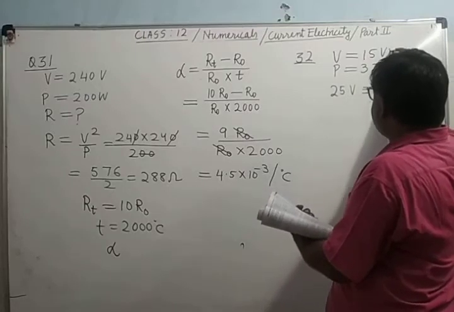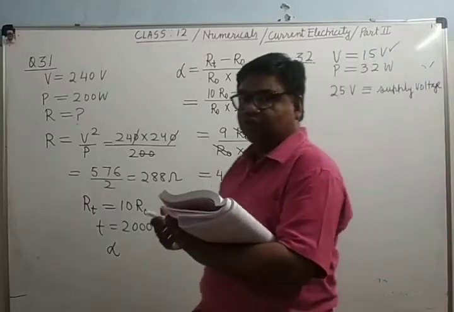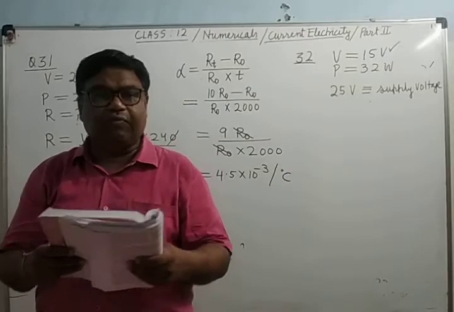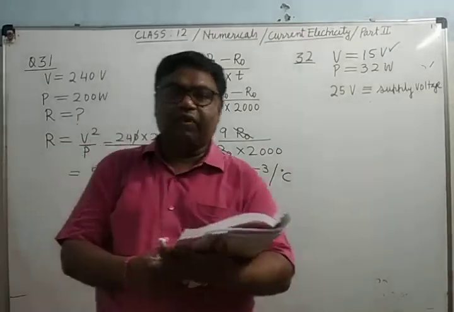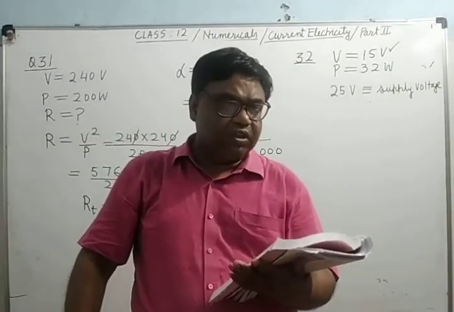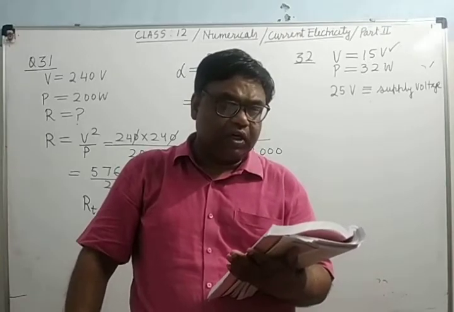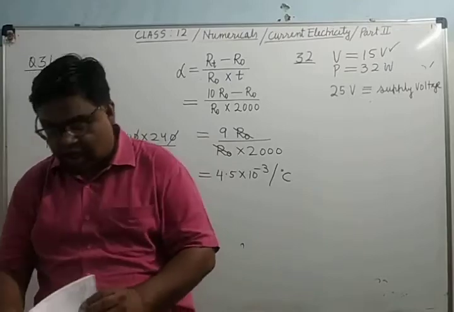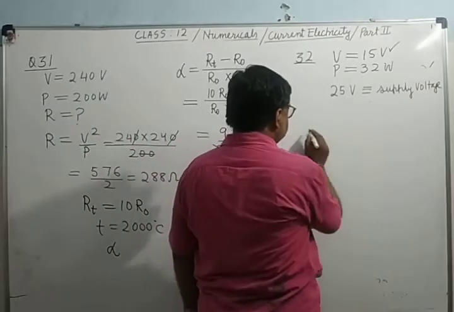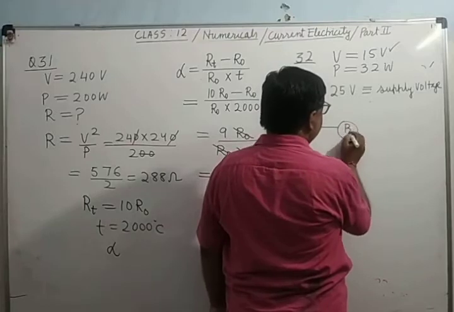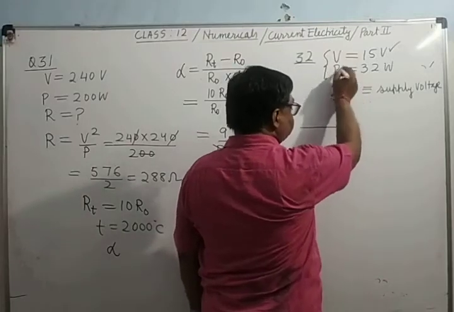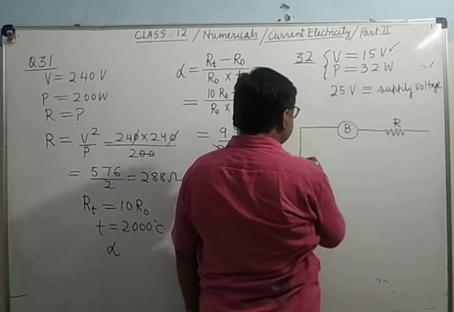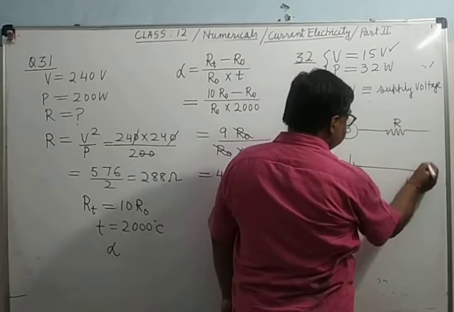It is meant for 15 volt but connected across 25 volt, and the resistance R in series for full illumination. Resistance R in series means it is connected in this way. This is the bulb about which we are talking, and then some resistance R, across this 25 volt DC source.